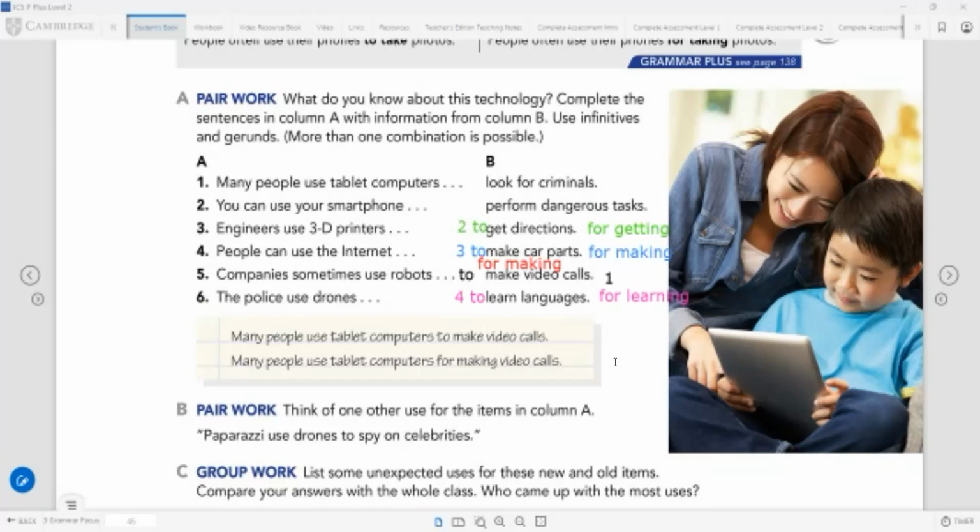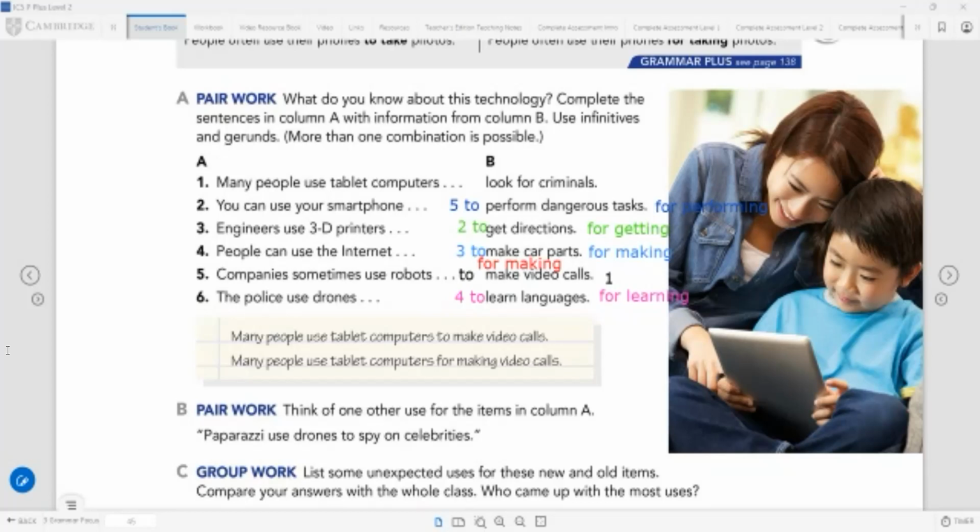Companies sometimes use robots. That would be number five: to perform dangerous tasks or for performing dangerous tasks.